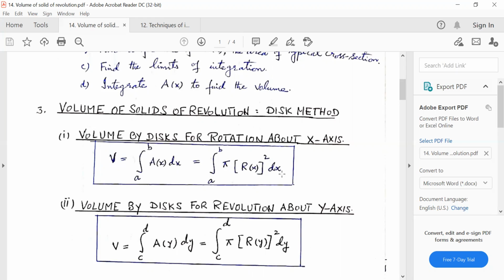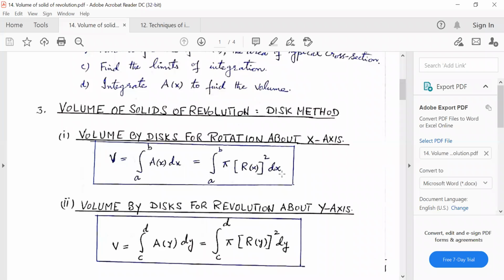So total volume for a thin disk will be pi r square dx. And if we evaluate it between the limits a to b, then we'll be getting the total volume. Similarly, if a curve is rotated about the y-axis, in that case, we'll normally be taking limits c to d just to differentiate.